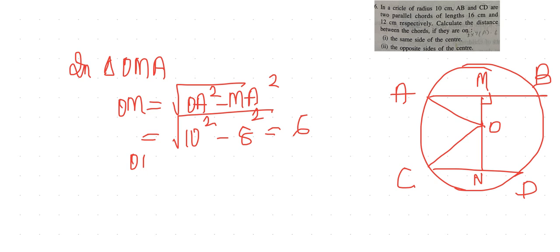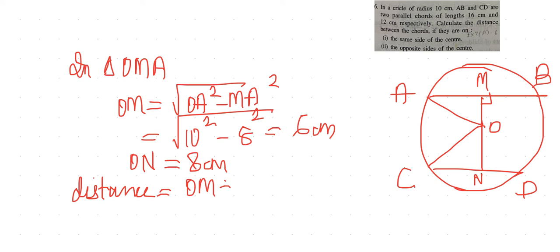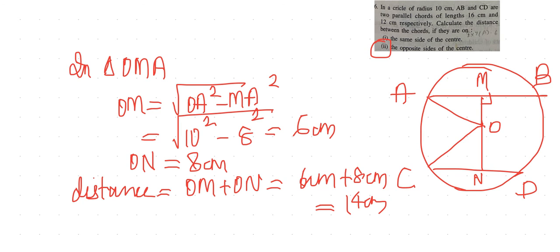Similarly, you will be calculating that ON is equal to 8. You will be writing down all the things properly, children. Then the distance between both of them here will be equal to OM plus ON, which is 6 centimeter plus 8 centimeter, which in turn will be equal to 14 centimeter. Okay, so I have done the answer, children, but make sure you are writing down the steps properly. Alright, so this is also a very similar and very important question, children, that you can be expecting in your exam.